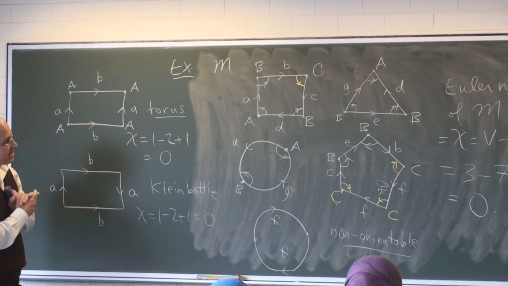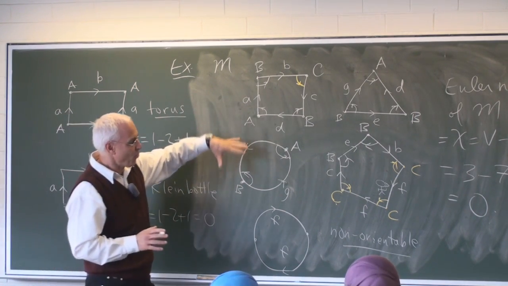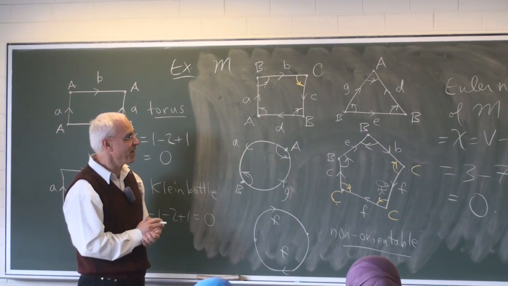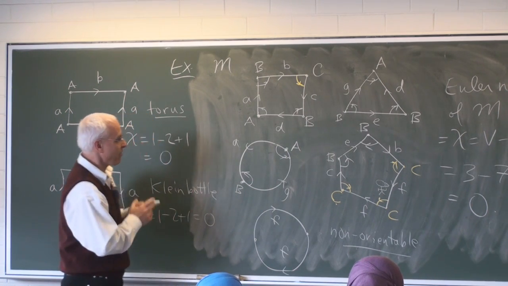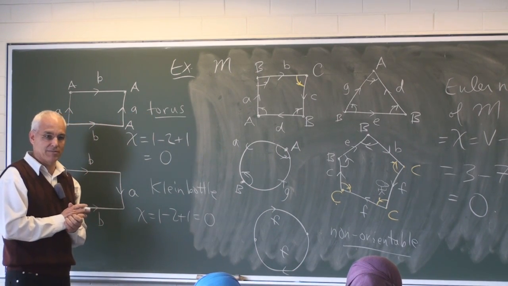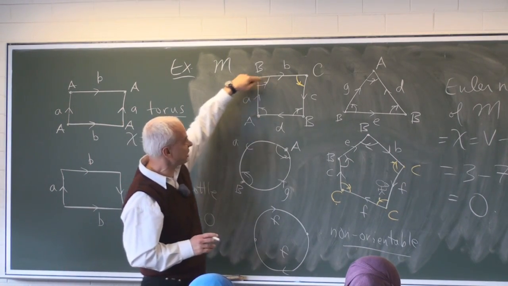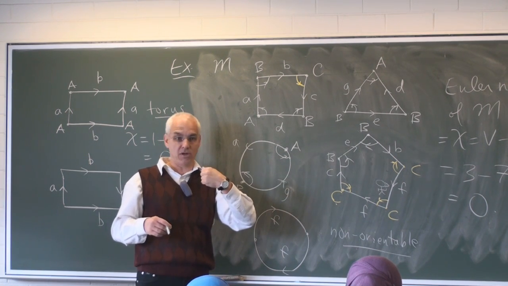Now, before I leave this example, let's observe that this combinatorial way of representing the surface, whatever it is, allows us a very efficient algebraic representation of what's going on. Because we can encode these polygons by essentially encoding the series of edges that we go around as we go around the polygon.